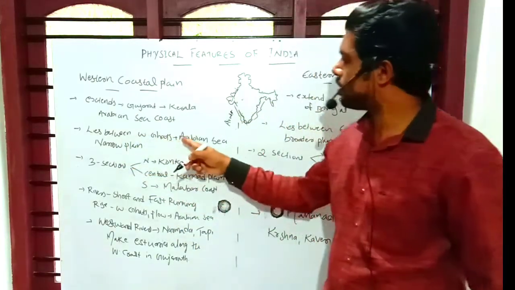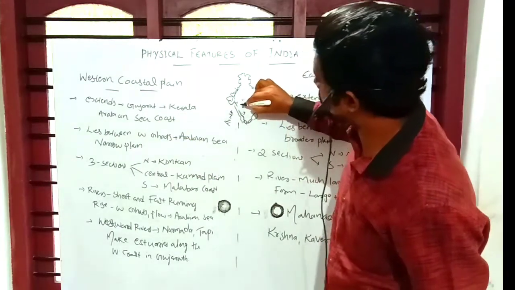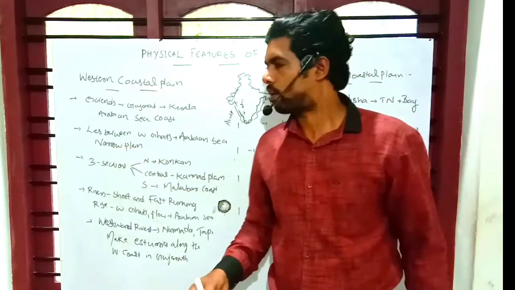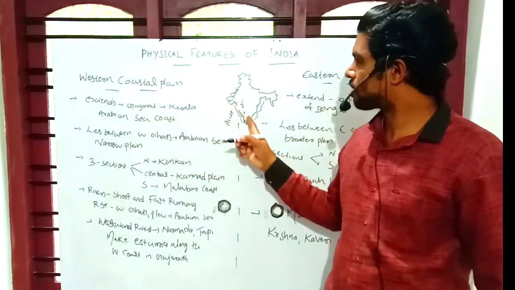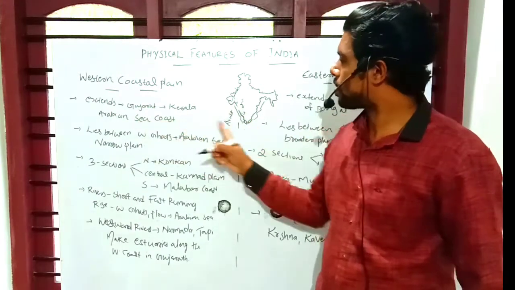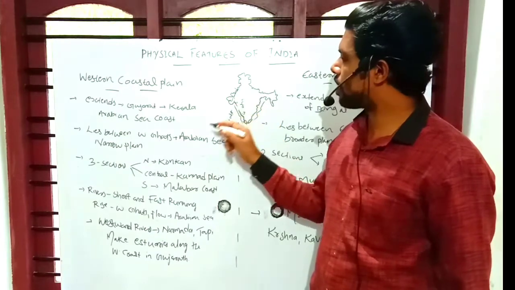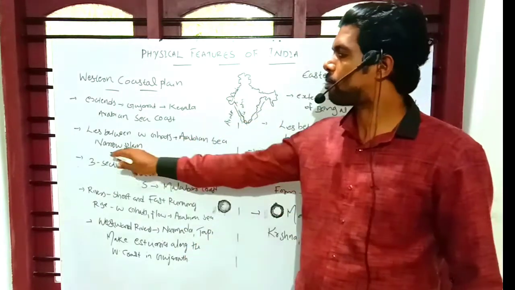It lies between the Western Ghats and the Arabian Sea, and it is a narrow plain.